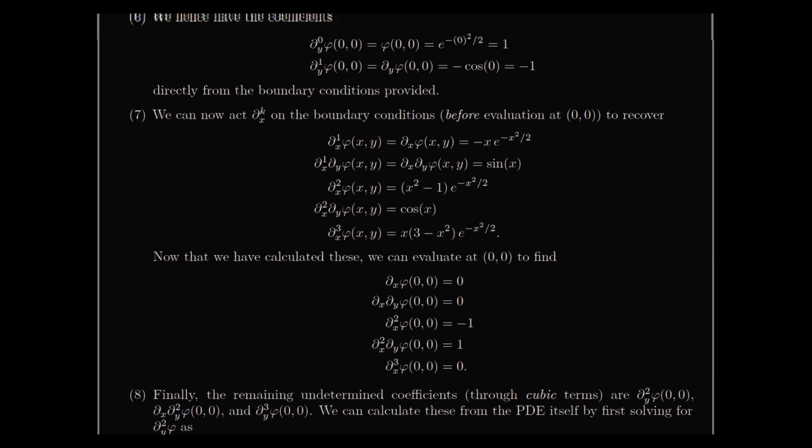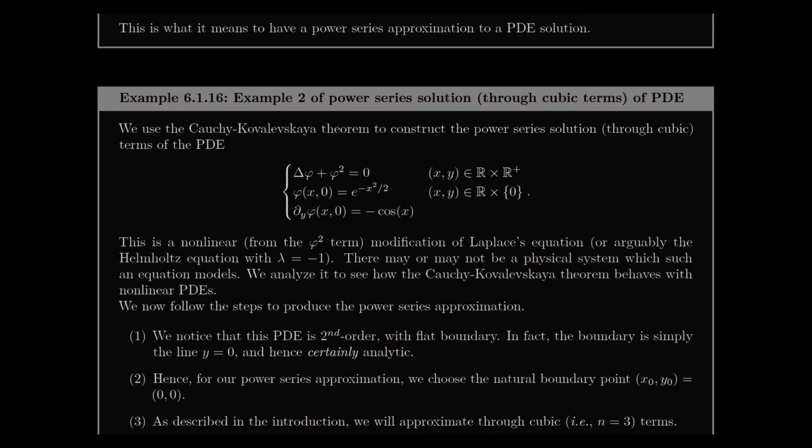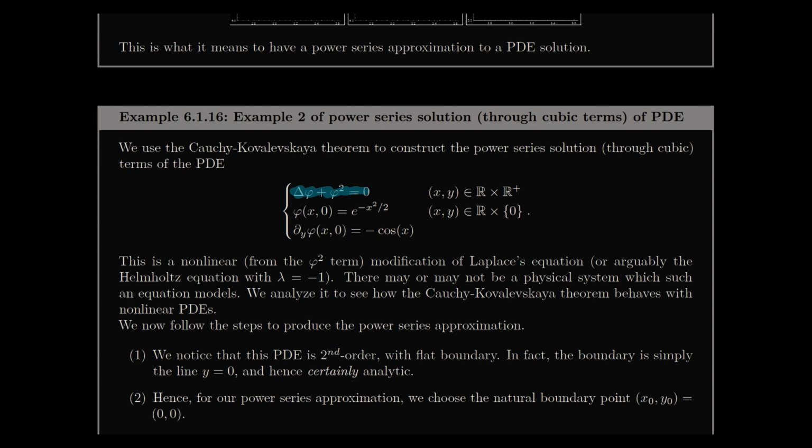There's going to be 3 terms that we haven't accounted for yet. And those all have to come from the PDE itself. So if I jump back up to the PDE, here it is. It's going to be to my advantage to expand that Laplacian. That's 2 derivatives in y plus 2 derivatives in x plus phi squared is 0. And even better than that, let's go 2 derivatives in y equals negative 2 derivatives in x minus phi squared.